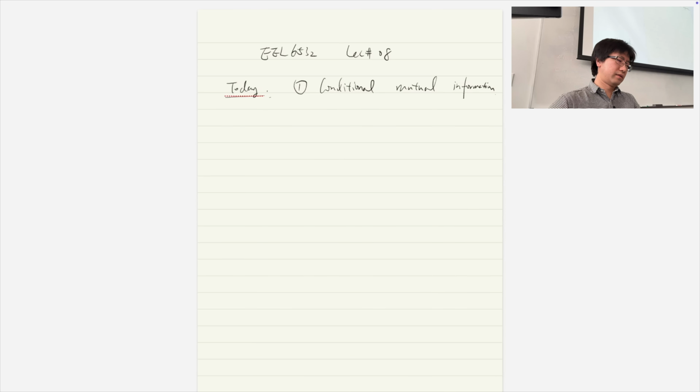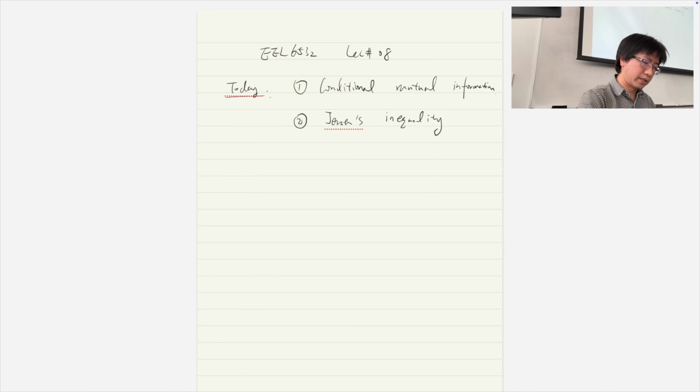Then we're going to talk more about the information theoretic inequalities, or four important inequalities. The most important one is Jensen's inequality. Probably we're only talking about that. If we have time, we'll talk about the log sum inequality as well. But let's see how much we can cover today.